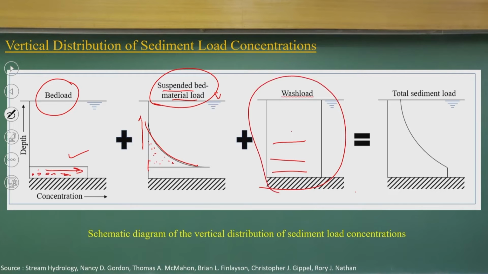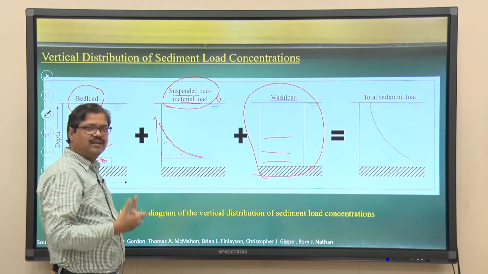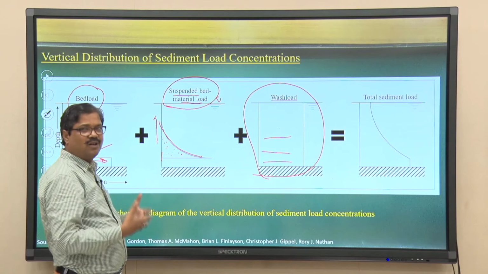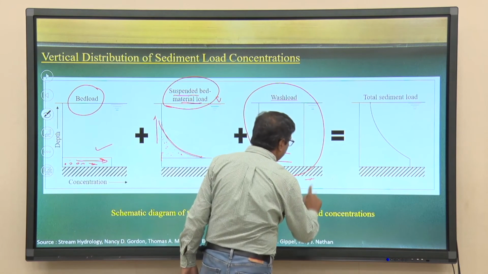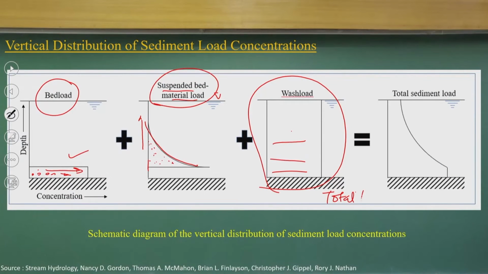Many of the cases we do not talk about this wash load, because wash load is very fine silt content which is not very effective in terms of morphological change. We talk about the total load, which is a summation of bed load and suspended load.